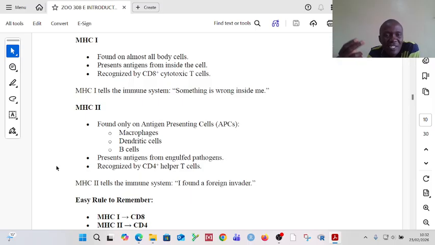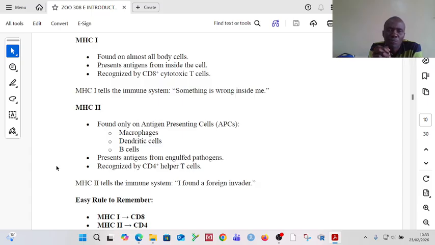The dendritic cells, the macrophages, they engulf, okay, kumeza the pathogen. So once the pathogen has been engulfed by the macrophage, by the dendritic cell, then that engulfed pathogen will have its antigens, its broken down pieces displayed by the MHC class 2.